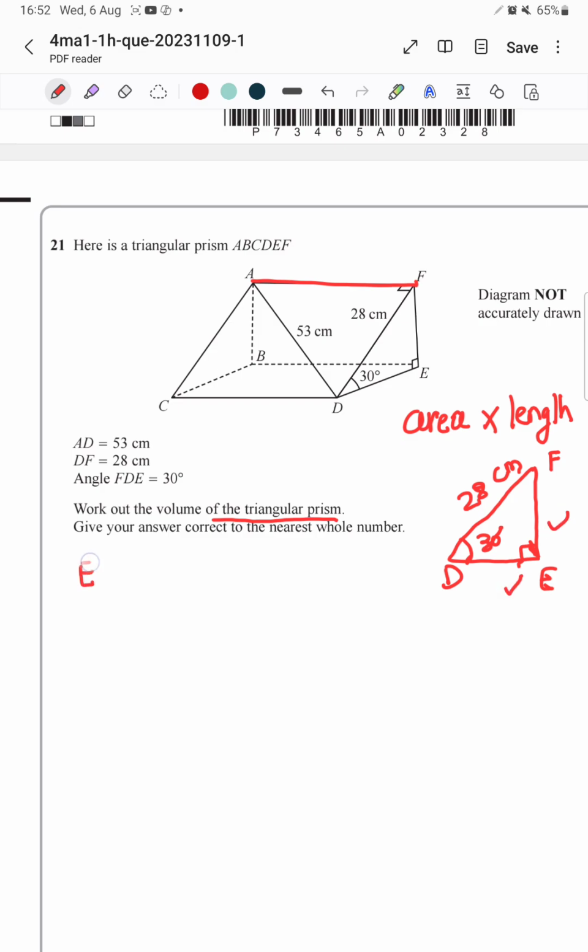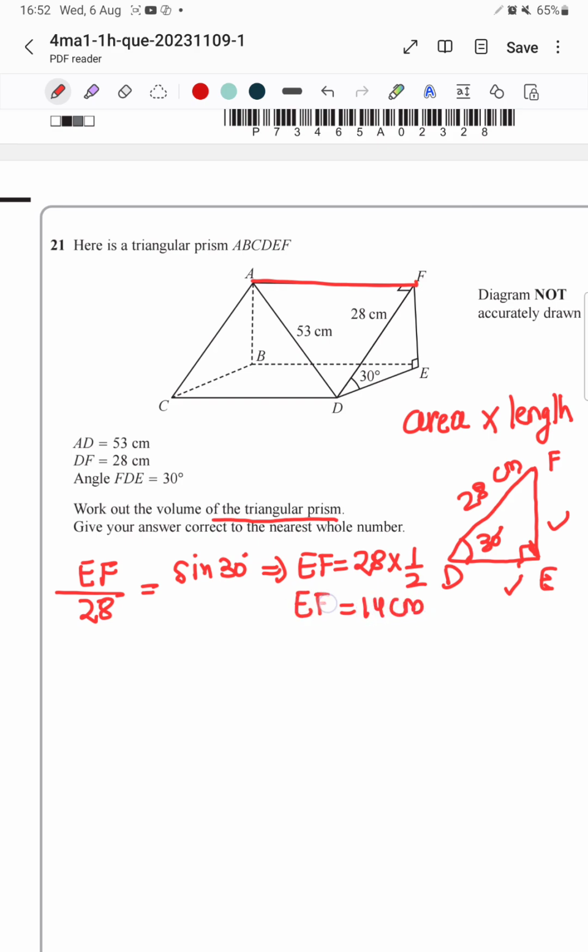So EF over 28 is opposite over hypotenuse, that is sine 30 degrees. So EF is equal to 28 times sine 30, which is a half. So EF is 14 centimeters.